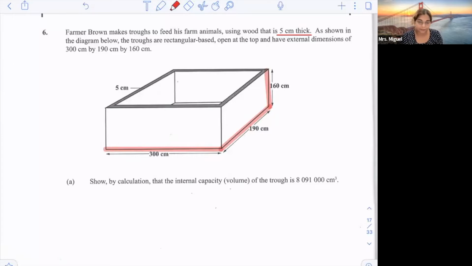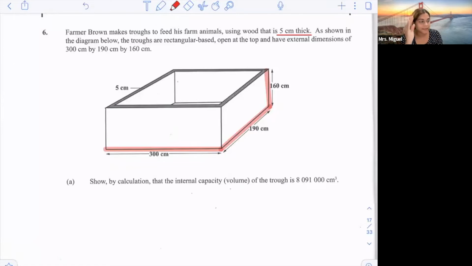Here's what they have. It is rectangular base. It is open at the top, right? There is a 5 centimeters thickness going right around that makes the internal dimension smaller by 5 centimeters compared to the outside.